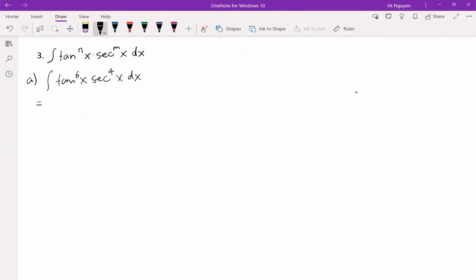Okay, so it's integral tangent to the 6x multiplied by secant square x times secant square x dx, and we use the trig identity.